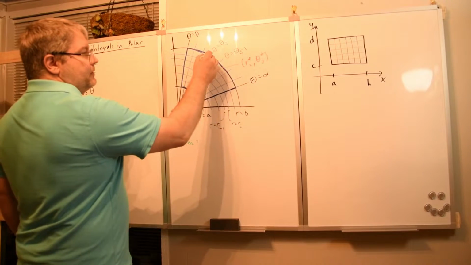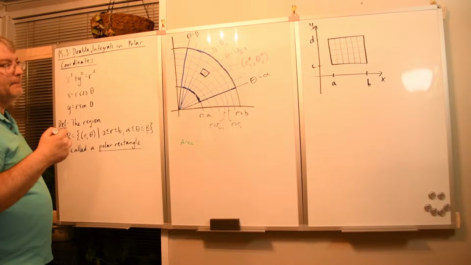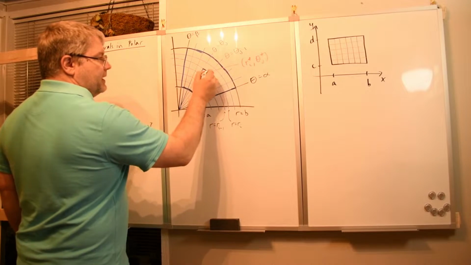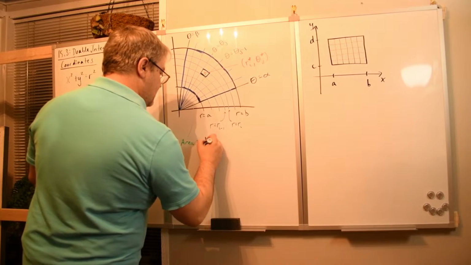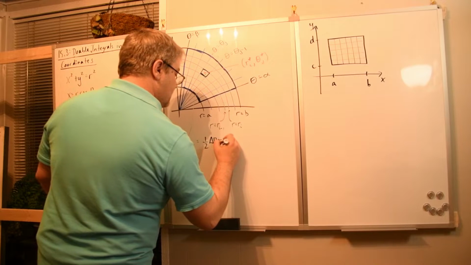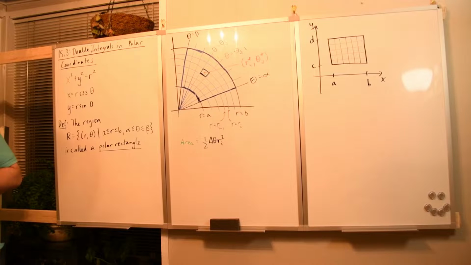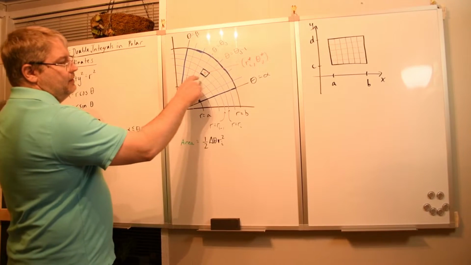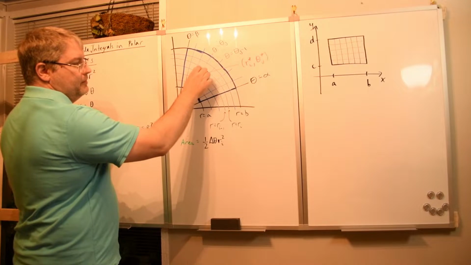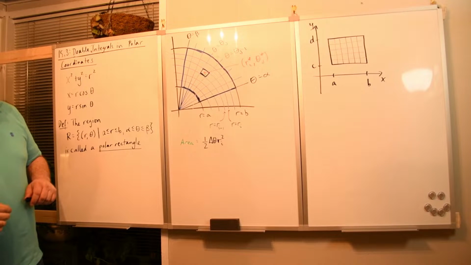So the angle, as I mentioned before, that we're going to be looking at is delta theta. The area of this outer sector, I guess you might call it, would then be 1/2 delta theta times r sub i squared. But then we have to subtract away this extra area here that we don't want, because we just want to limit ourselves to this little area of the partial sector.